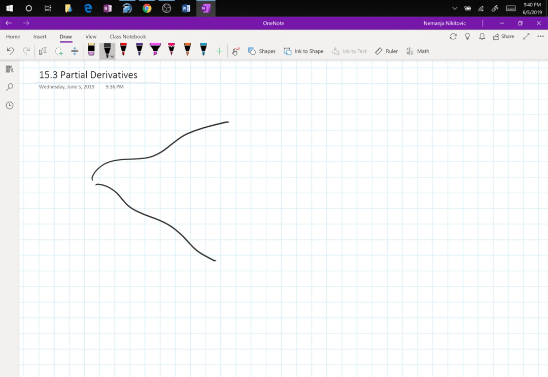So if you have some kind of a surface, so let's say this is some wavy surface that is sitting on the xy coordinate plane.